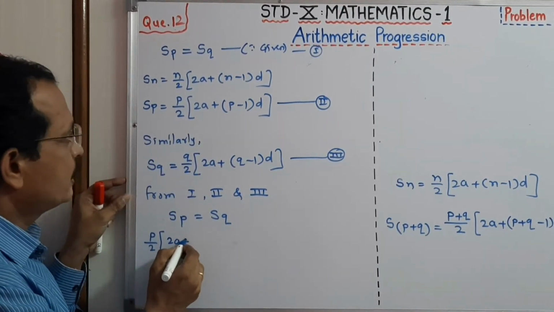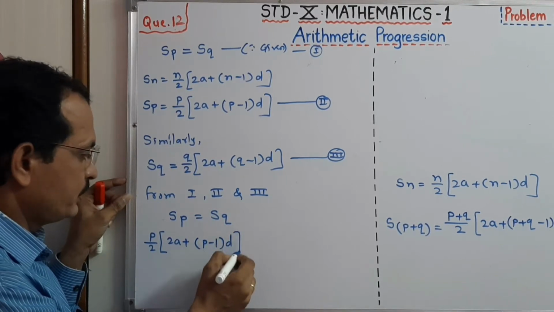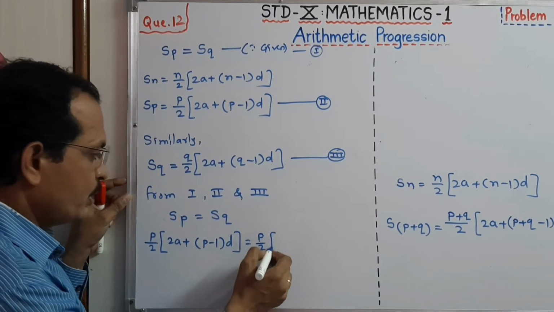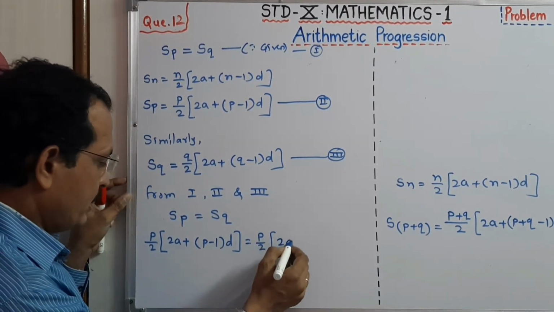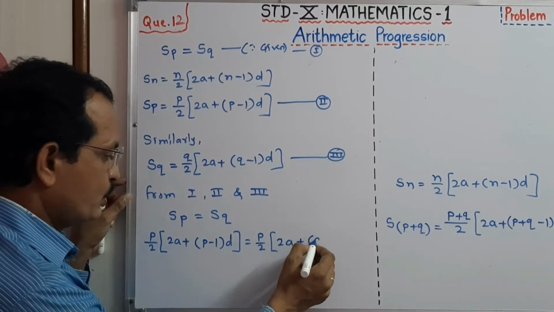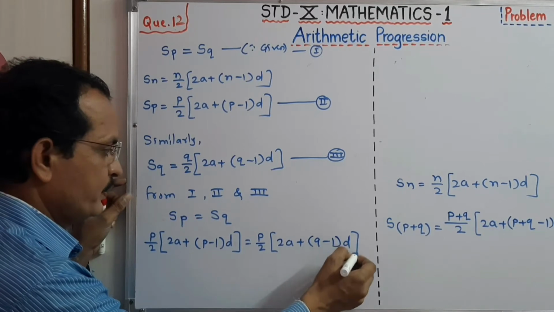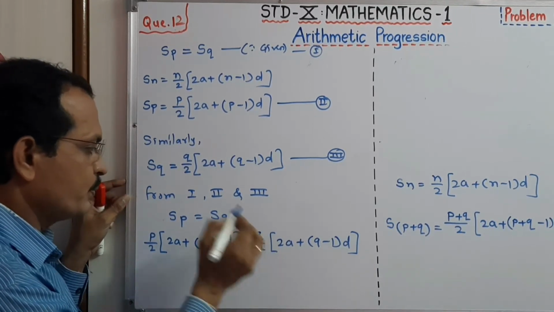Now Sp is p upon 2 into 2a plus p minus 1 into d, which is equal to p upon 2 into 2a plus q minus 1 into d. Now see here, instead of p, here it is q.